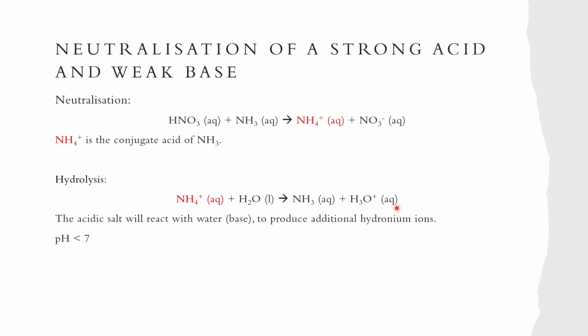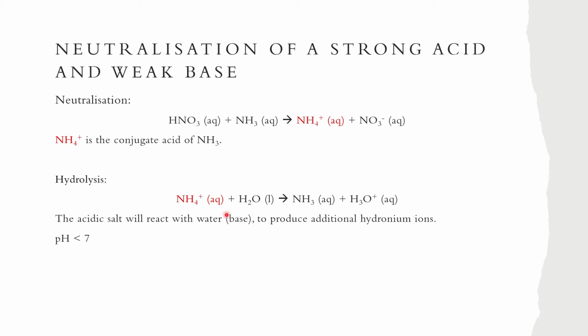As a result, the pH of the solution is not actually going to be sitting at 7 exactly. Again, this is assuming that we consume all of the acid and the base and there's no excess on either side. But the end result is a salt with a pH of less than 7 because of this hydrolysis process.